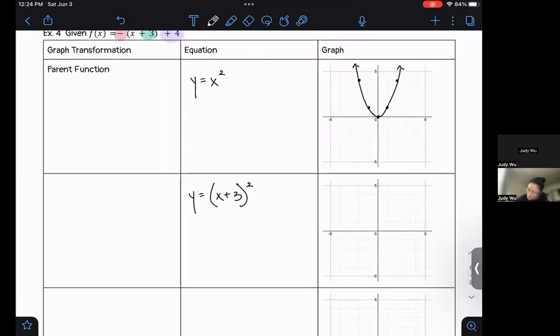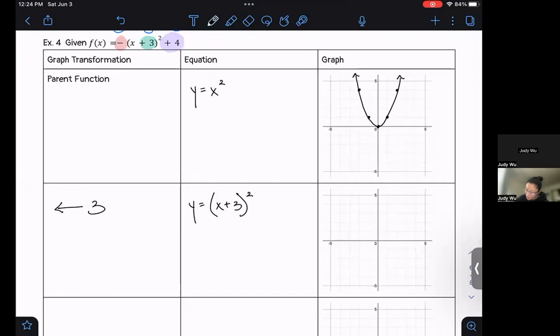And underneath where it says graph transformation, we're going to write that +3 moves the graph to the left 3. Okay. And so when I graph that, I'm going to take all 5 points that I drew here, and I'm going to move every single one of them to the left 3.